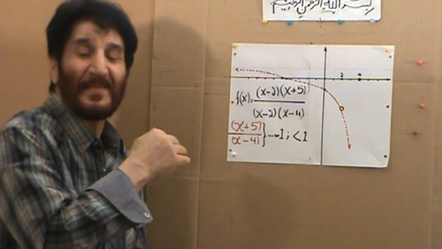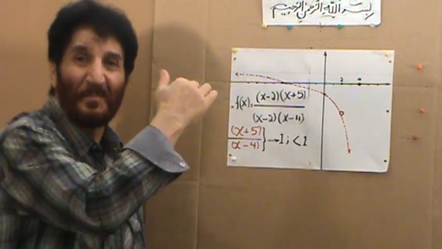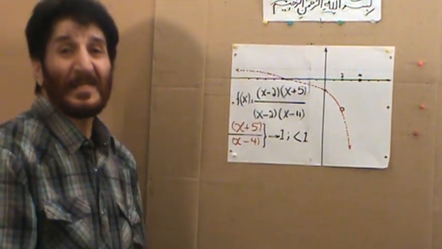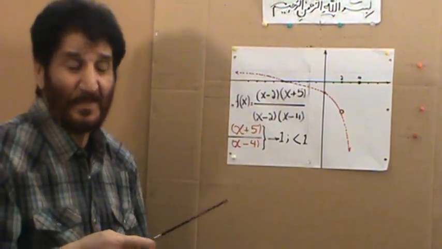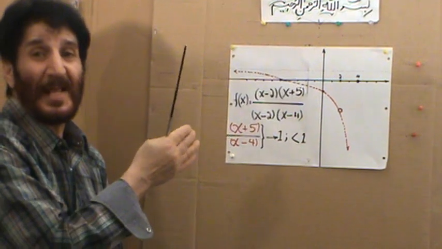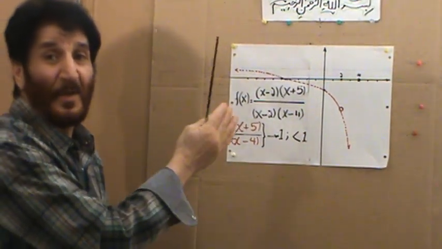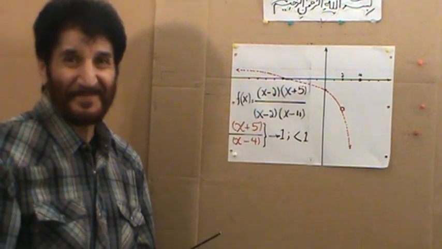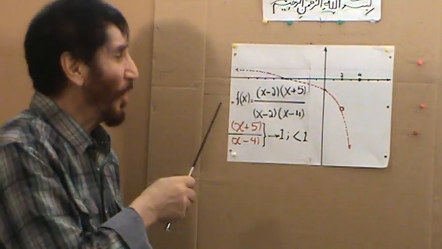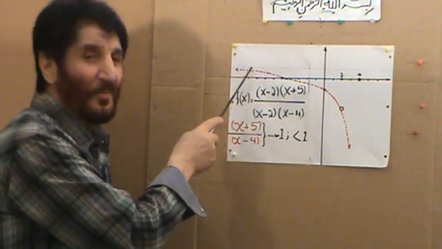So it approaches 1, but stays below 1. In the infinity, maybe it touches 1, but because that is the definition of an asymptote, looks like we have a nice looking asymptote at y equals 1 as we go to negative infinity. So now we finish with the graph going that way.